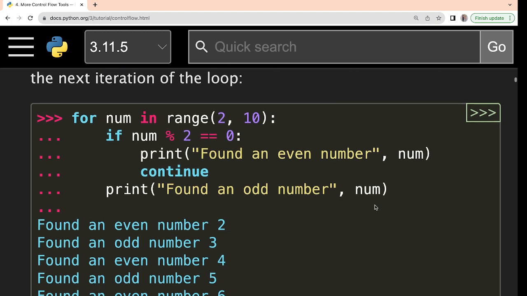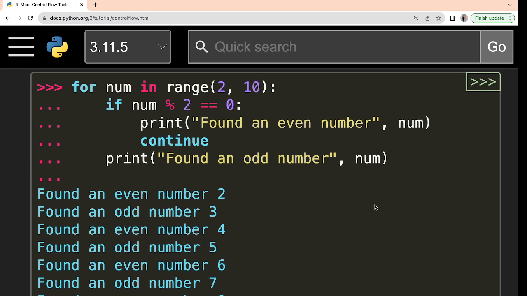You can understand here through this example. Here it is given: for num in range 2 to 10, which means the numbers from 2 to 9 will get generated. Now it is checking for even, right? By the condition num modulus 2 is equal to 0 you can understand. In that case it prints found an even number, and then prints the number also, and then continues.